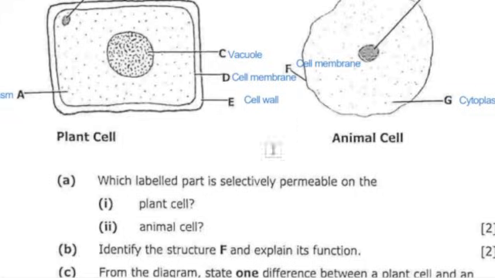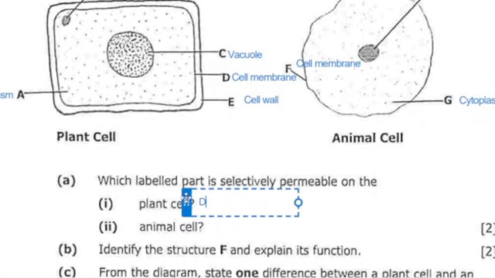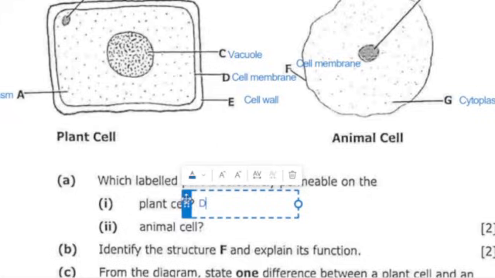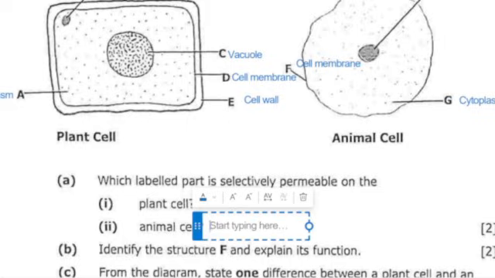So in a plant cell, the cell membrane is denoted by the letter D. So we are going to write D there. In the animal cell, which letter denotes the cell membrane? We have seen that it's F. So in the animal cell, we are saying F.